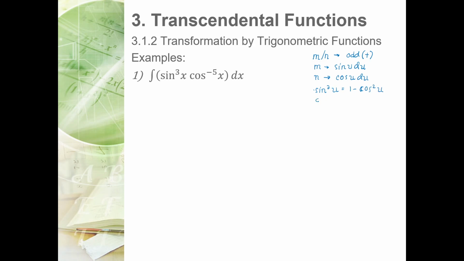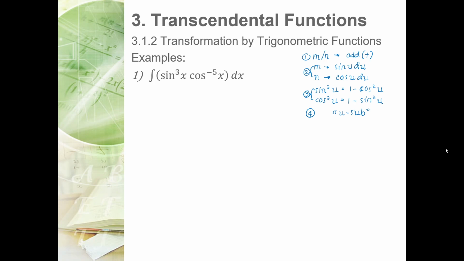If n is odd, apply cosine squared u equals 1 minus sine squared u. After the whole process, we use the u sub technique. So that's the list of steps: first determine, next factor out, then apply the Pythagorean identity, and lastly the u sub technique. So we have 4 steps.